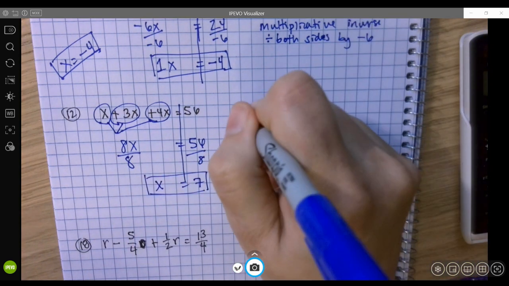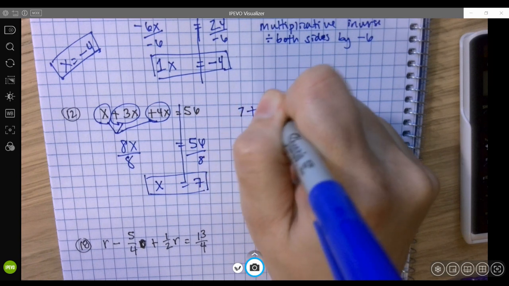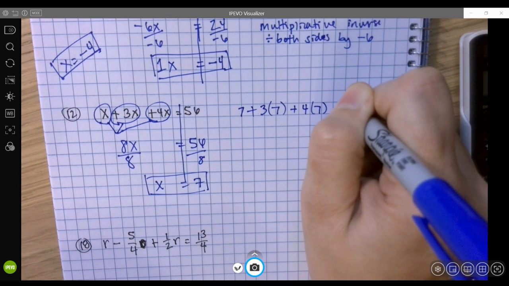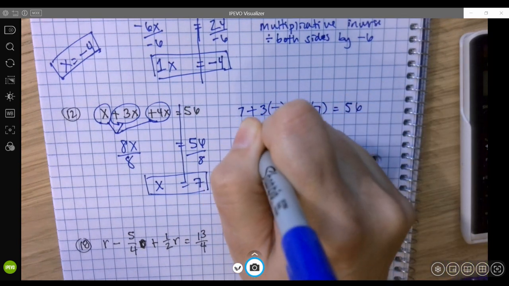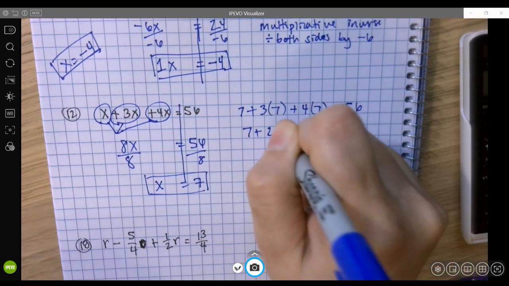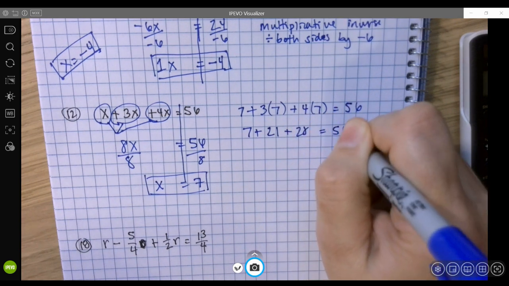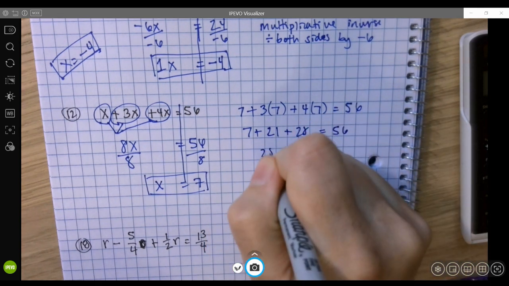And I can check that. 7 plus 3 times 7 plus 4 times 7 should equal 56. 7 plus 3 times 7 is 21. Plus 4 times 7 is 28. 7 and 21 is 28.